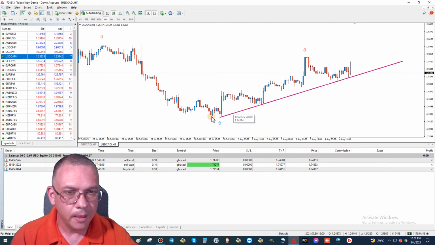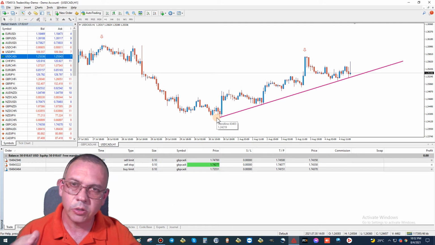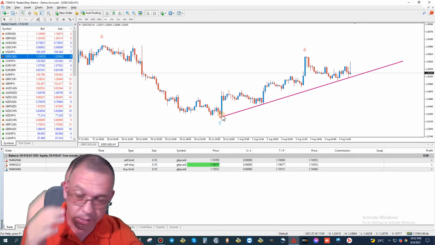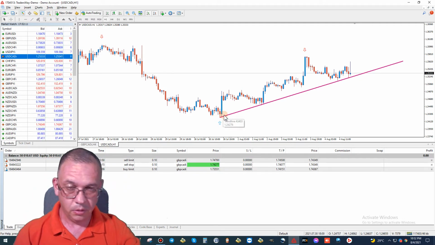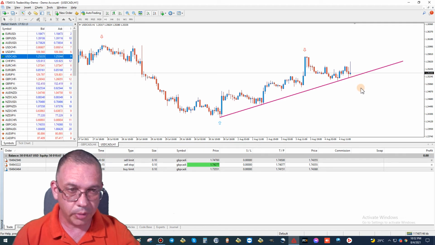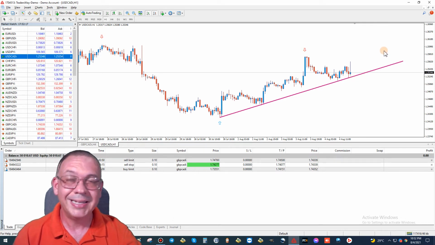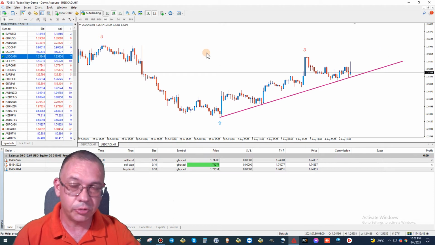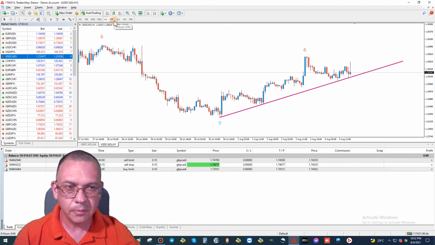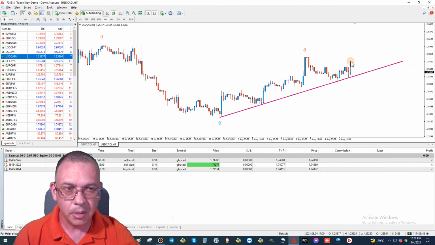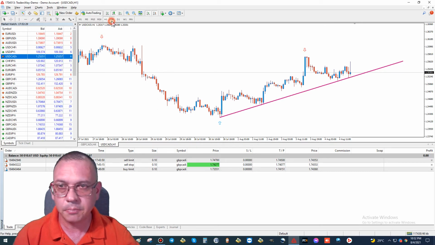Now, this is your support going up. Whenever you have a trend going up, you need to mark your support. When that breaks, that's the perfect time to sell. So technically right now we're still in an uptrend, and do not sell. As a matter of fact, you probably could buy right now because this looks like it's going to go back up. This candle dropped and it's going to go back up.